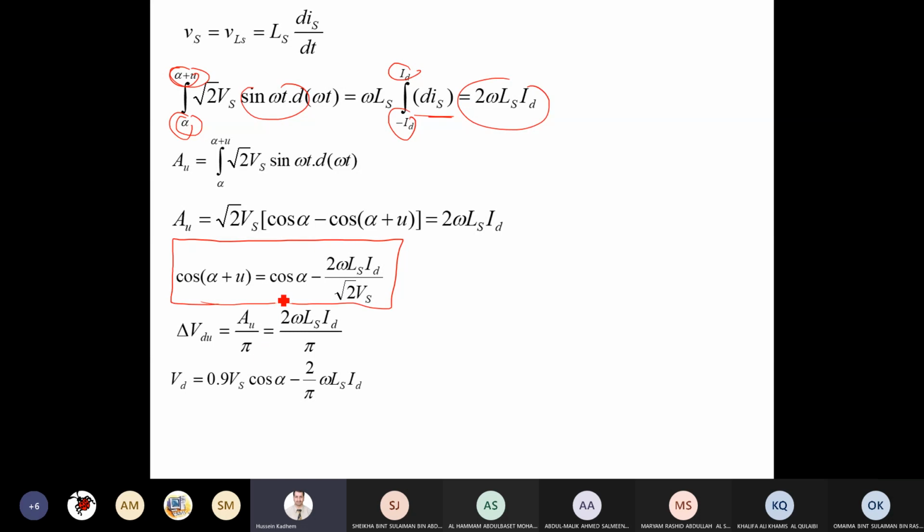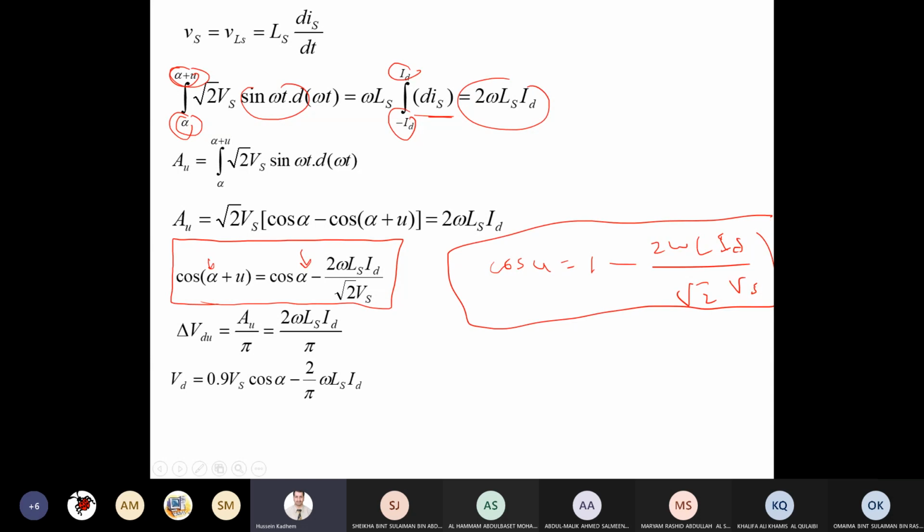Let's assume the thyristor is triggered at alpha 0. At alpha 0, what do we have? We have diode operation, right? So if alpha is 0 here, then cosine u equals 1 minus 2 omega L ID over square root 2 Vs. Oh, it is the same equation as for the diode.